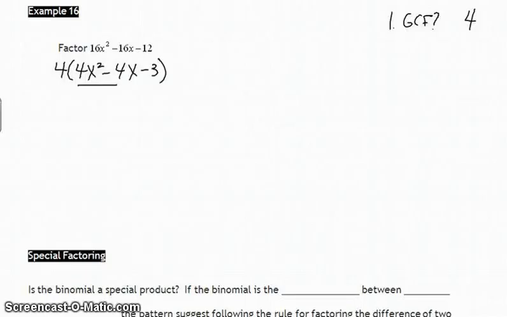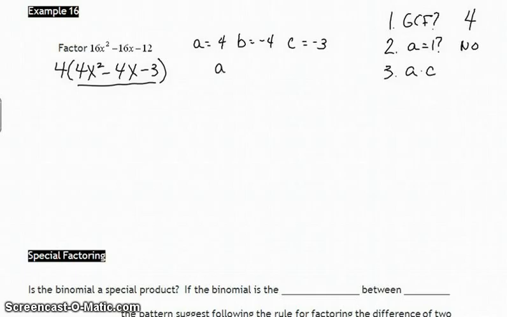Now, with just the piece in the parentheses, the trinomial in the parentheses, we continue with our questions. 2. A equal 1? No. So we're going to need to do AC. We need to identify A, B, and C. A is a positive 4, B is a negative 4, and C is a negative 3.